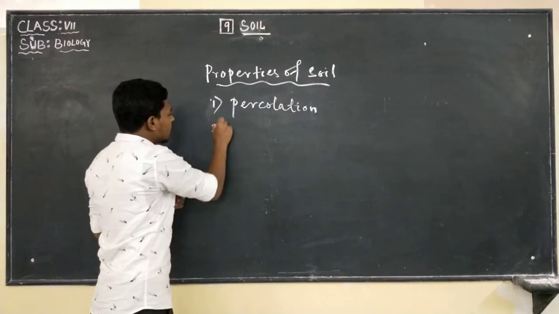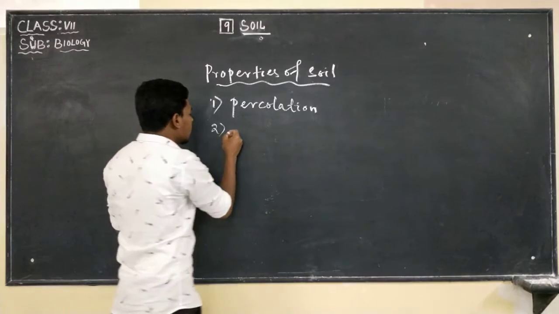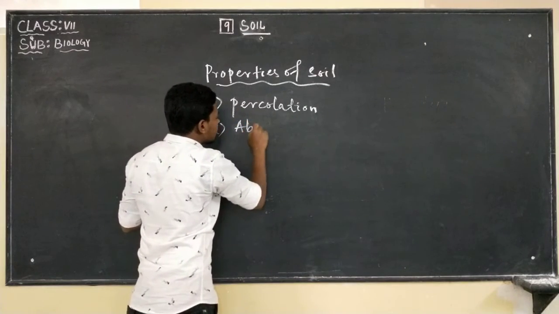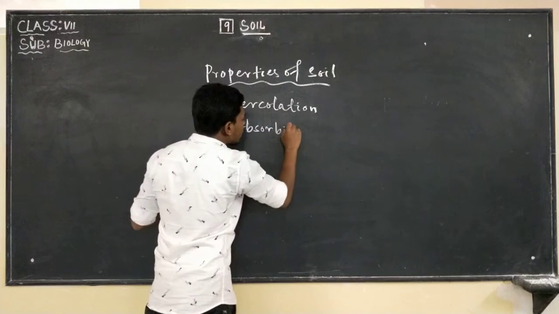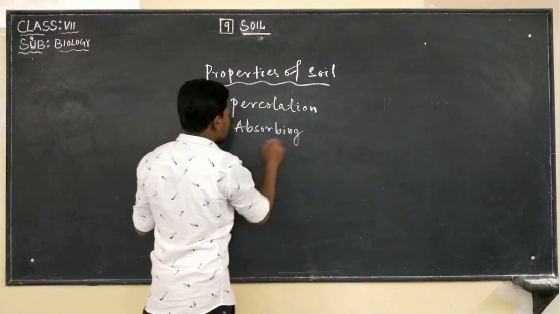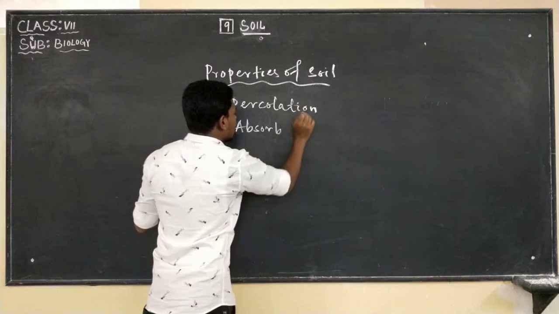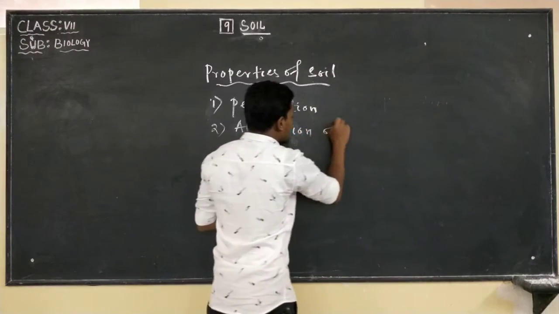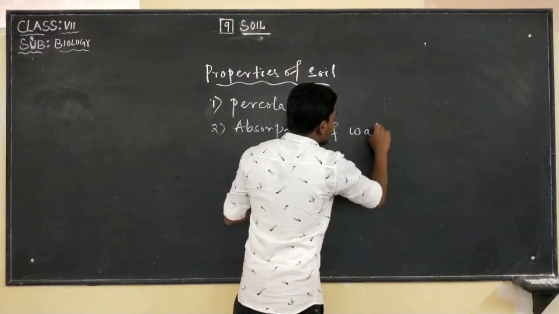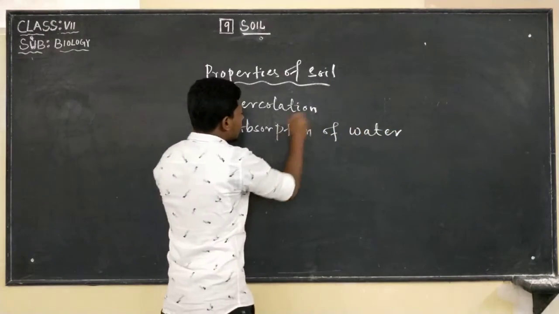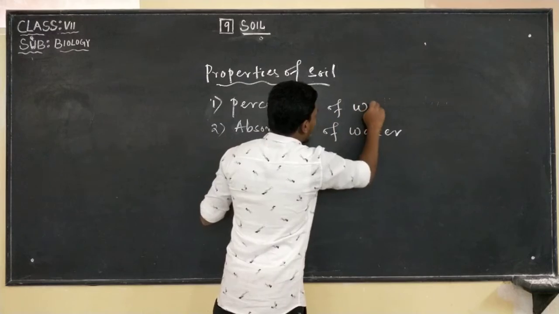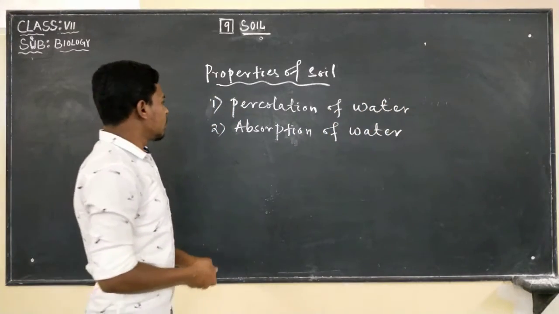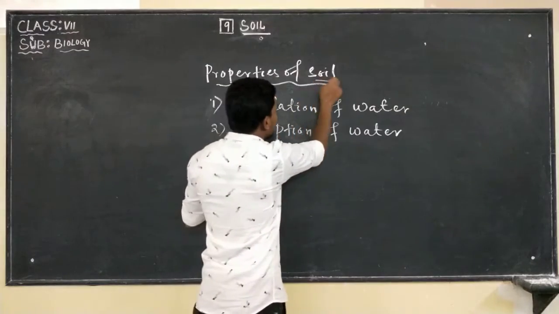So that is percolation. And the next one is water absorbing capacity, absorption. Absorption of water, percolation of water. These are the two important properties we need to discuss under soil.